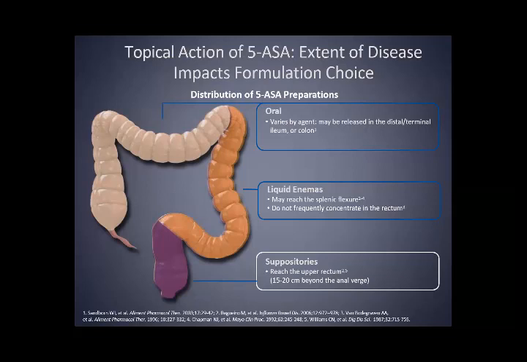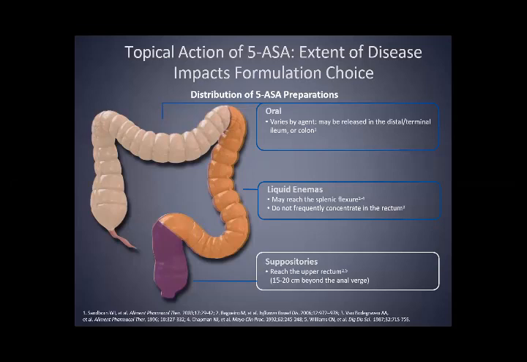Then you have another option, retention enemas, liquid retention enemas. They are steroid retention enemas, 100 milligrams of hydrocortisone in 100 ml normal saline. They are pushed to the anal verge, and the steroid is locally effective. They improve the local inflammation.